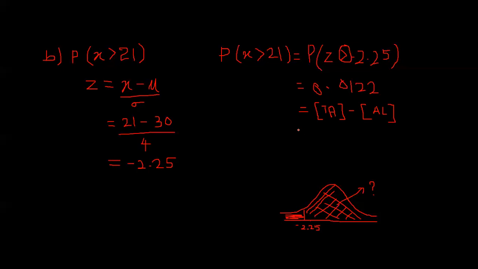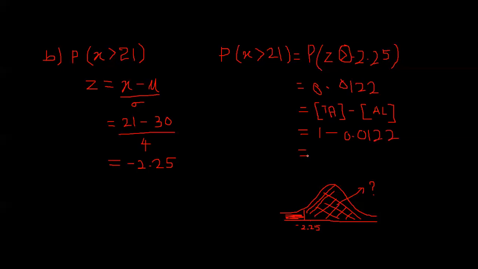So to get the value in the right area here, you need to get the total area under the curve, that is 1, minus the area to the left, that is 0.0122.